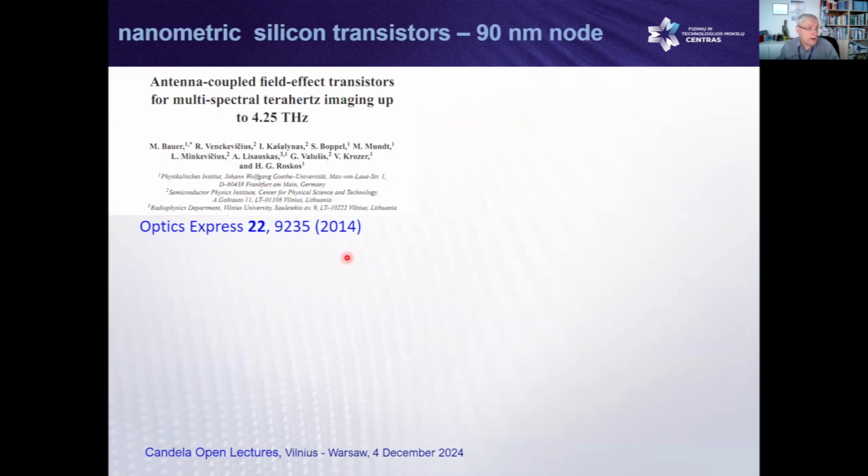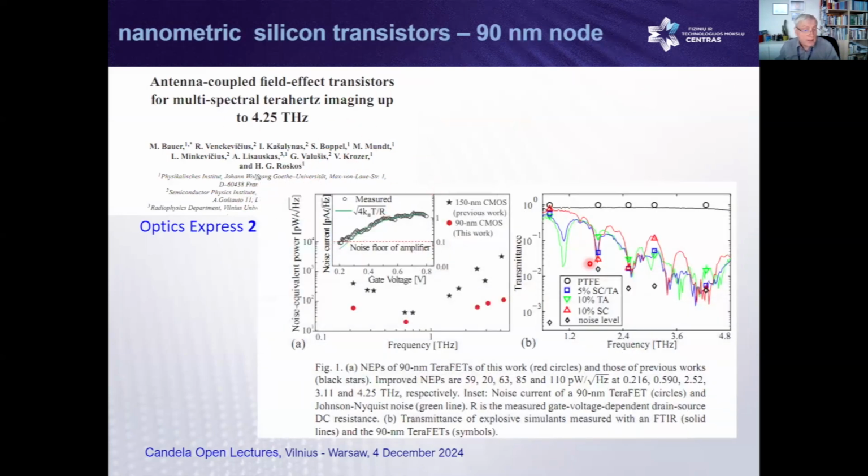Our common work, Frankfurt and Vilnius groups, was just published. What we did is the development of good terahertz detectors with 30 nanometer technology, and ideas. What you see here is just simulants of explosive materials.